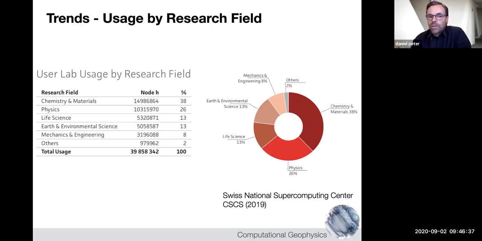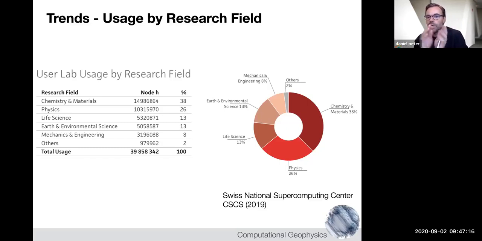So chemistry and material science are usually taking up the big bulk of a machine in terms of using it. And earth science here is around 13%. This is for the machines at the Swiss National Supercomputing Center, which had Europe's top machine for the last few years. And so earth science is always around 10 to 13% in terms of usage. It's kind of a small player when you compare it to other fields.